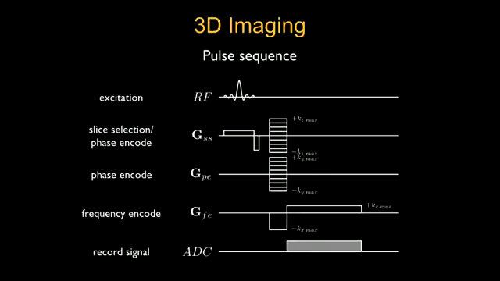Anytime you specify a specific phase encoding location, that's going to be a specific location. You can't really create a continuous value. Same thing over here with frequency encoding: the signal you're getting is continuous, but using an A to D converter, you're going to get discrete or digital values later.